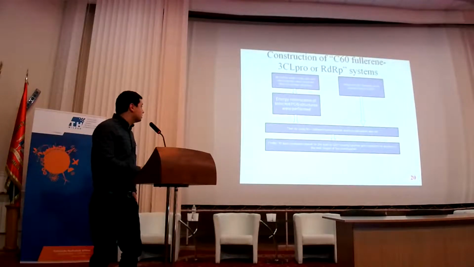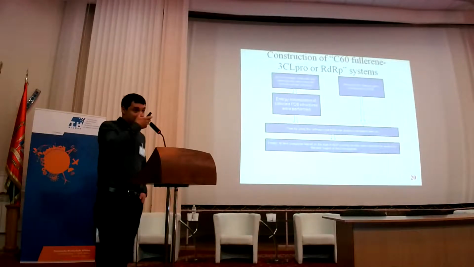First, we removed all crystallographic water molecules and native ligands from our protein structure, then energy minimized our protein structure. Simultaneously, the structure of carbon-60 fullerene was retrieved from the database, and its structure was generated. Then, by using a docking tool, molecular docking calculation was performed.